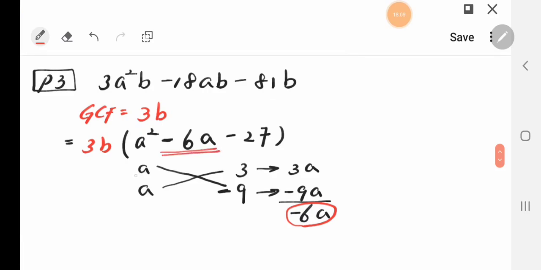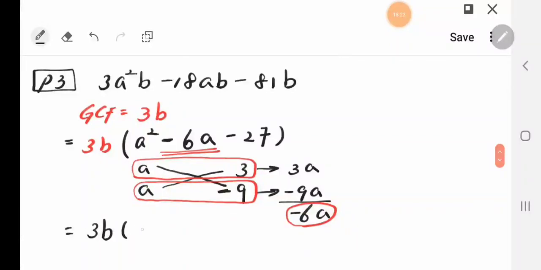So the trinomial is a product of two binomials, which is a plus 3, the first line, and a minus 9, the second line.